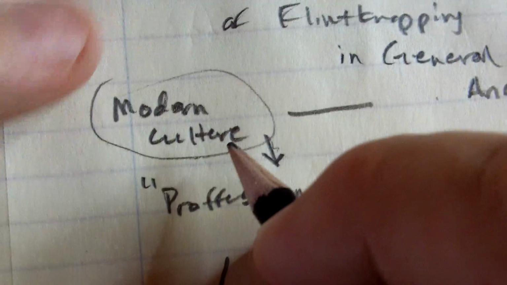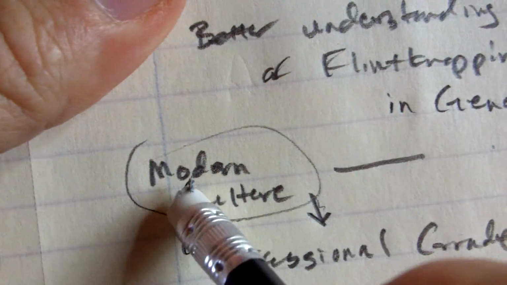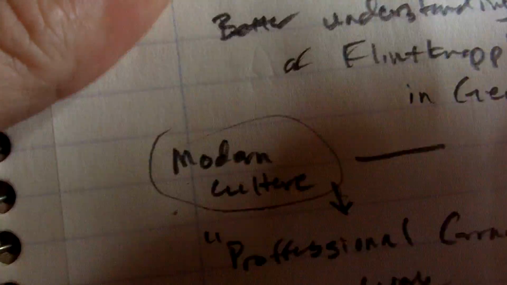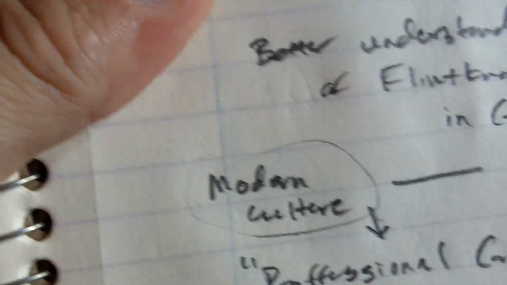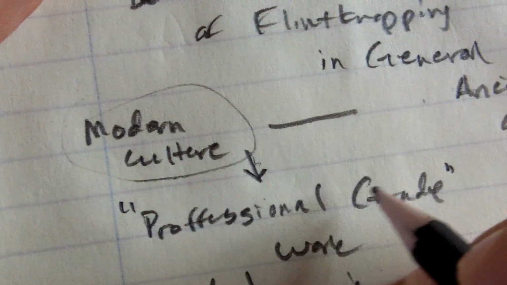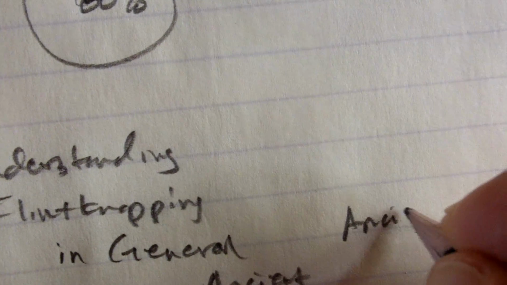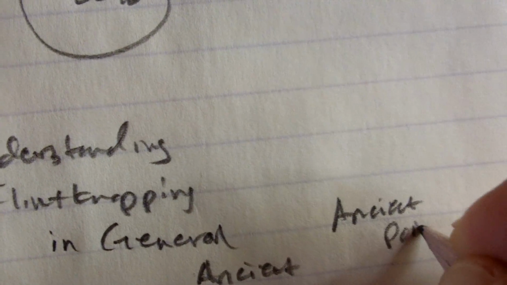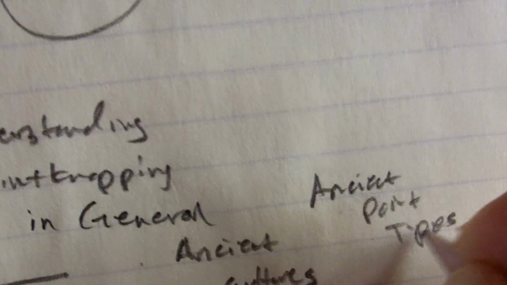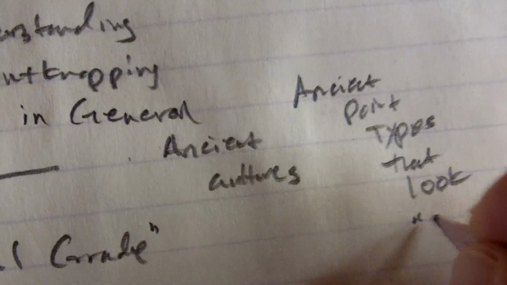So and some people, I don't want to get sidetracked here, and I don't want to make this too long, but some people will use this kind of idea to produce ancient point types that look perfect.